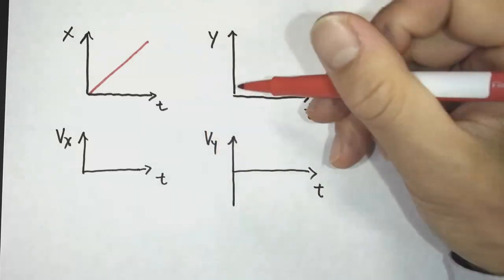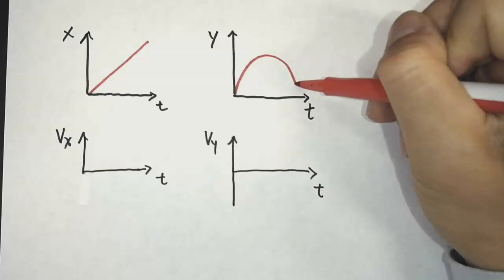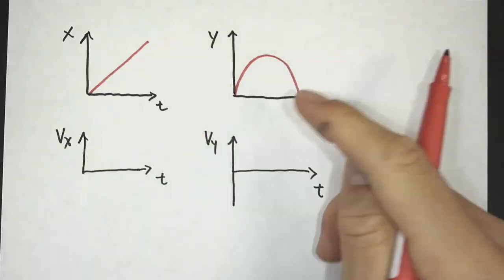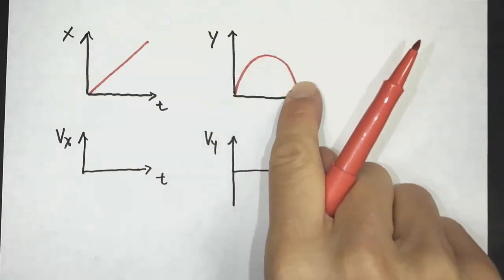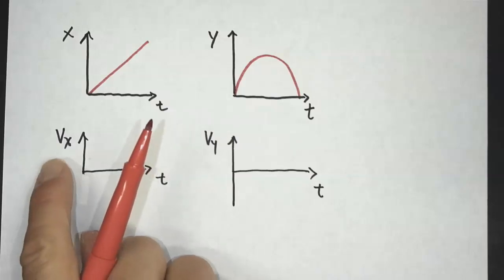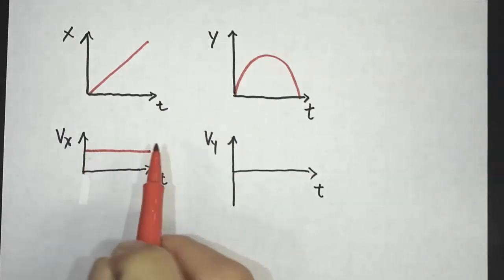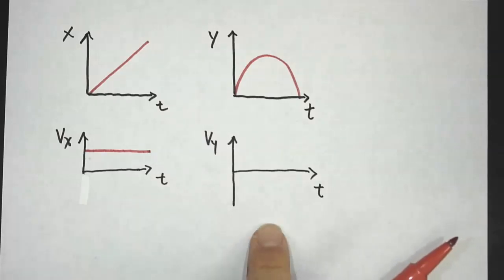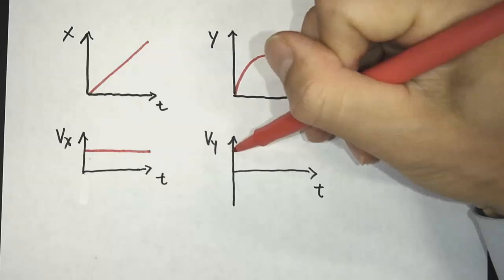The vertical position is going to look like this. This could be a soccer ball, or it could also be a basketball. You throw a basketball up, it's going to go up, and then it's going to come back down. This is time. And then the horizontal velocity is going to look like this, because we know it's constant velocity.